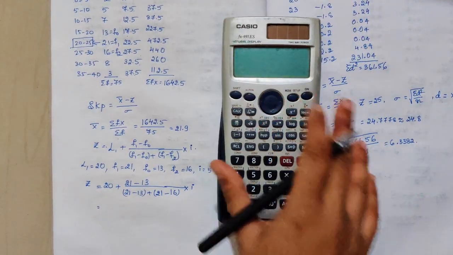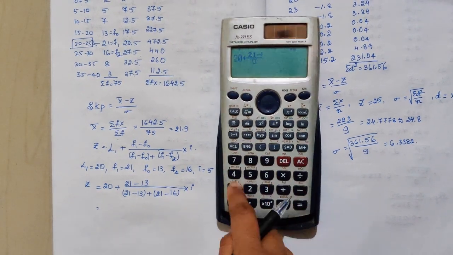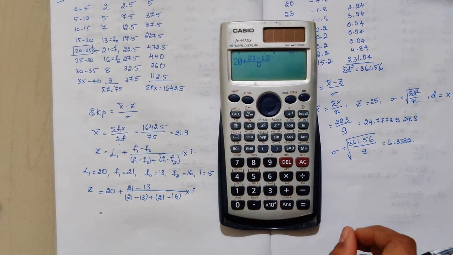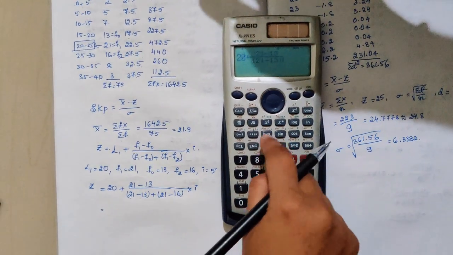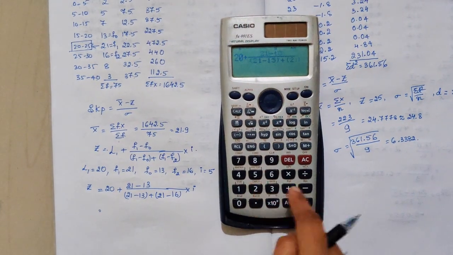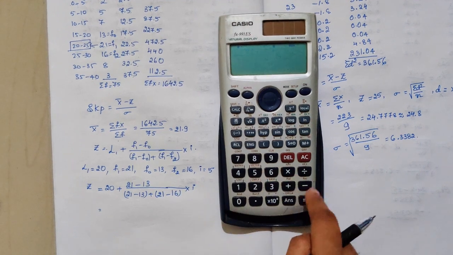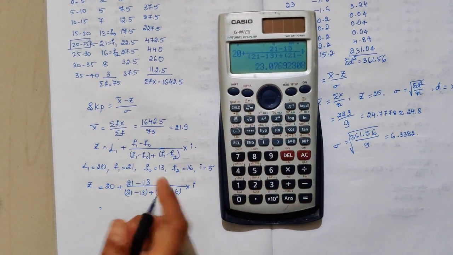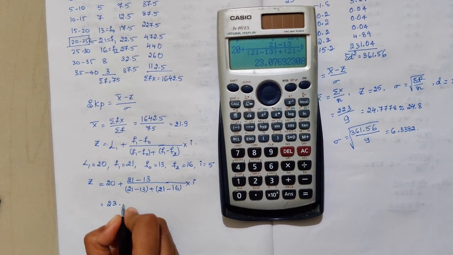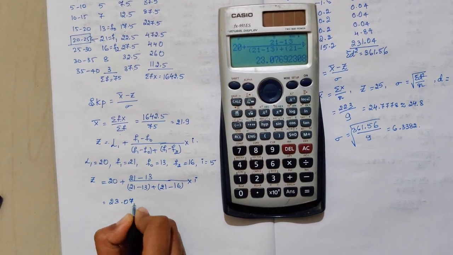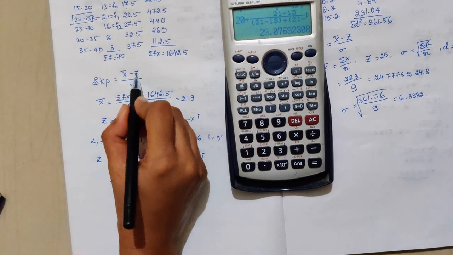If we simplify it, that is 20 plus 21 minus 13 divided by 21 minus 13 plus 21 minus 16, into 5. The answer we got is 23.0769. So now we have got x bar and z.